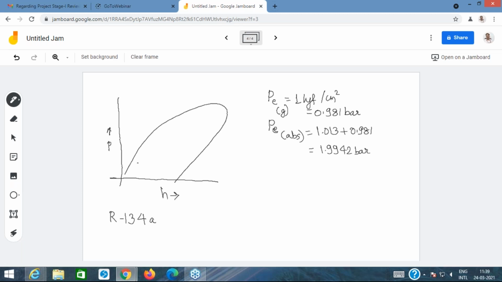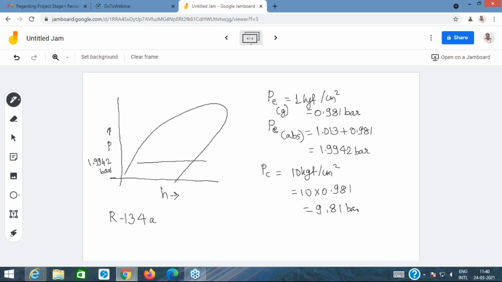If you have the pressure enthalpy chart in front of you, you can draw this line, which should represent 1.9942 bar. Similarly, we need to get the discharge or condenser pressure. The condenser pressure recorded from the pressure gauge was about 10 kg per centimeter square, which is 10 into 0.981 bar, that is 9.81 bar.